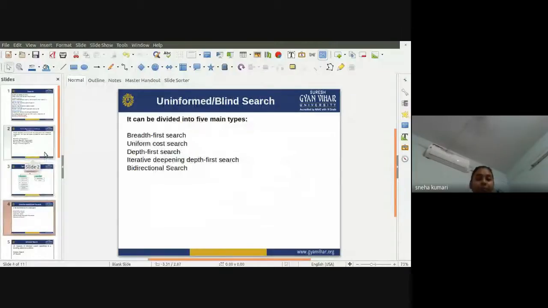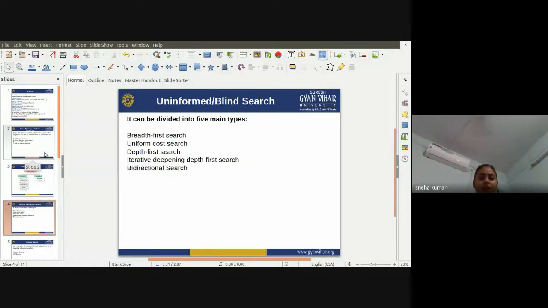So the uninformed search does not contain any domain knowledge, such as closeness, the location of the goal. Okay, uninformed search doesn't contain any domain knowledge like closeness, location of goal, nothing like that.